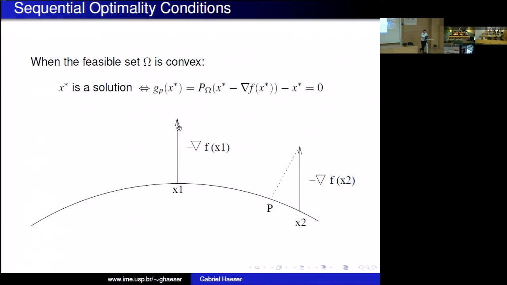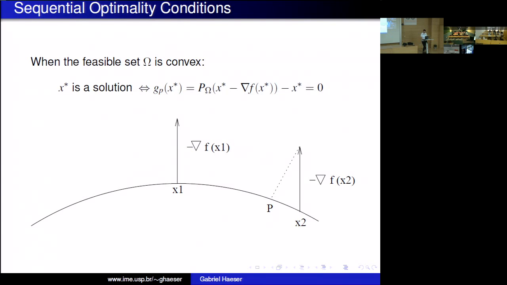And if minus the gradient of the objective function points this way, x1 is a solution. If I compute this projection, x1 minus the gradient, it's this vector here. And if I project in omega, I go back to x1. So this is zero. And if I'm not at a solution, if I project, this is not zero. The projection minus the point is not zero.